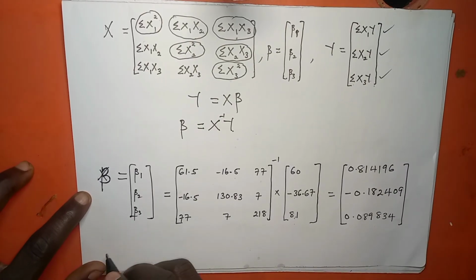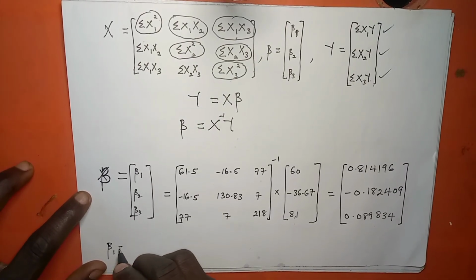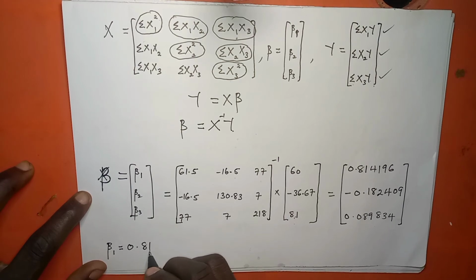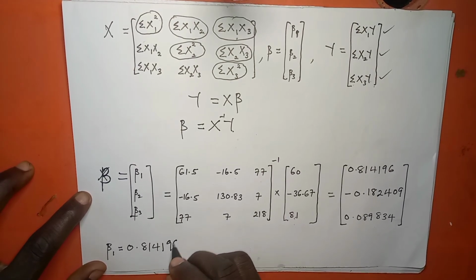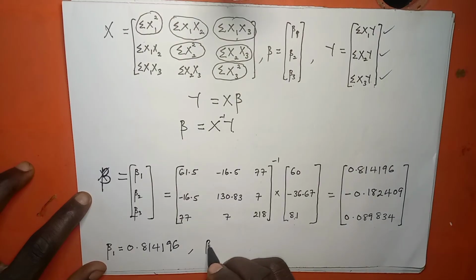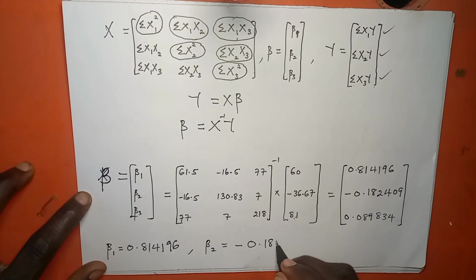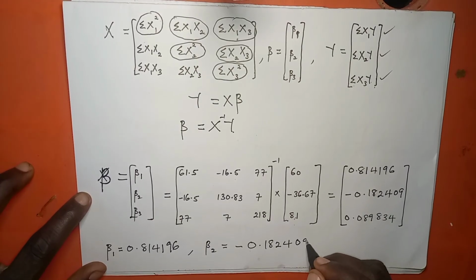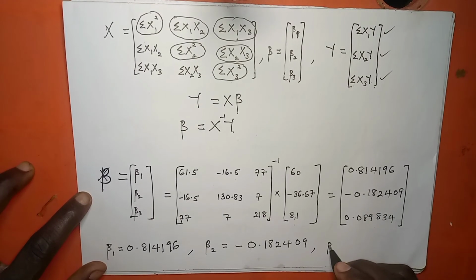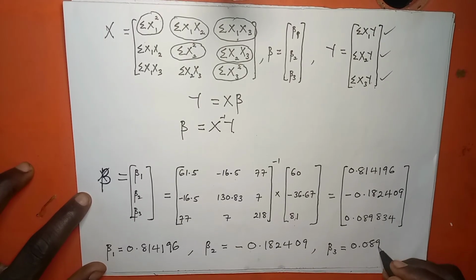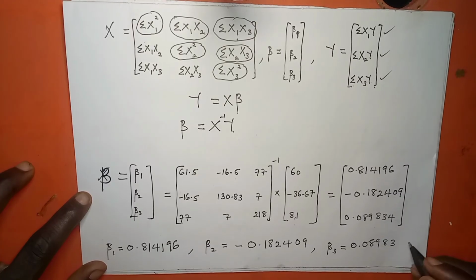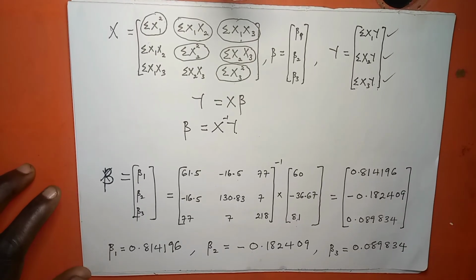So therefore, our beta 1 equals 0.814196, beta 2 equals minus 0.182409, beta 3 equals 0.089834.